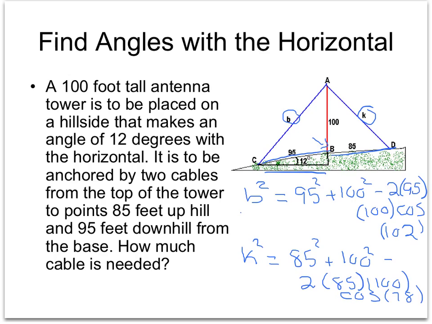Those 2 formulas we're going to need to plug in to our calculators and get a B and a K. B equals 151.58. And K equals 117.